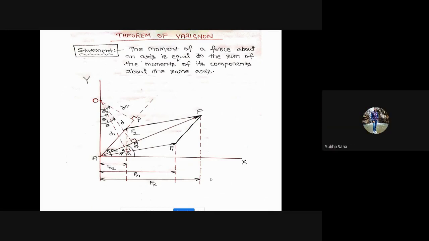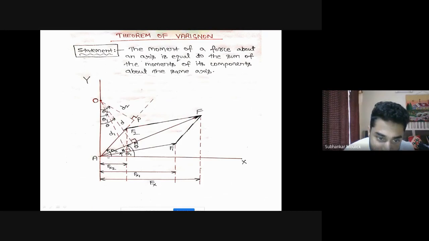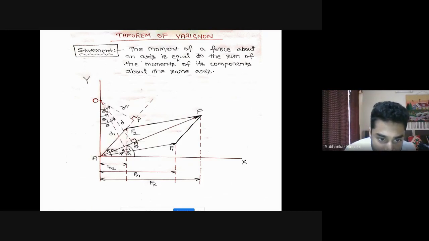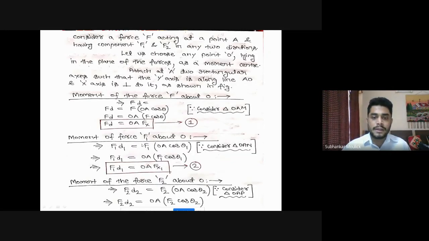F1 D1. This is my force F1, and I am interested in calculating the moment at this point O. So I have to find the perpendicular distance passing through force F1, that is this distance D1. So it will be F1 into D1. Again, you have to write D1 in terms of OA and cos theta.